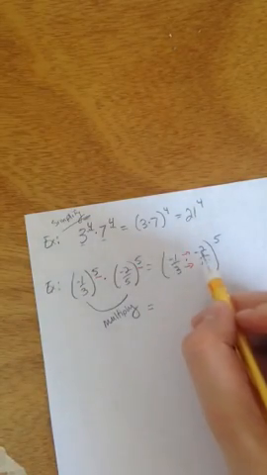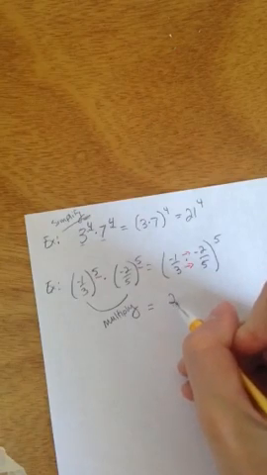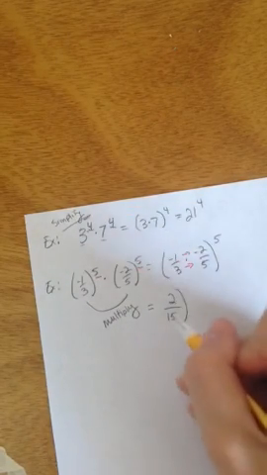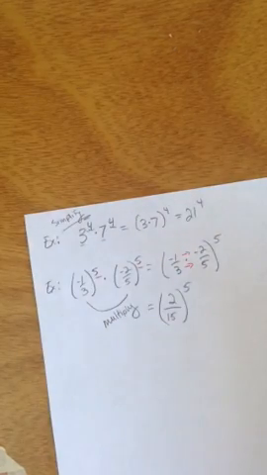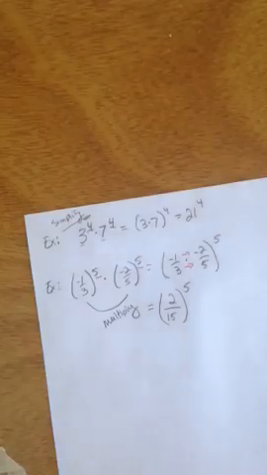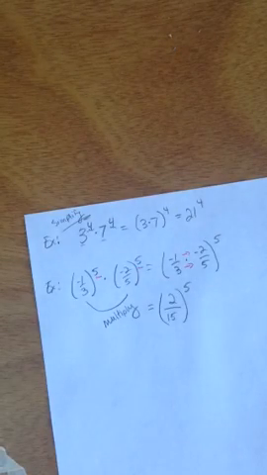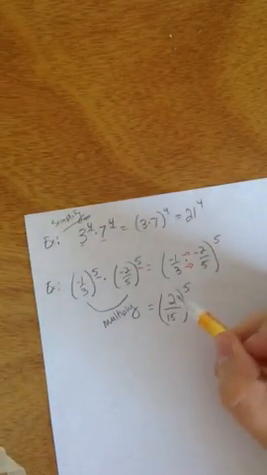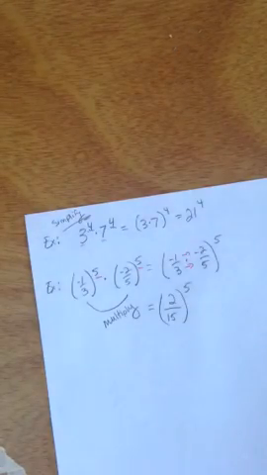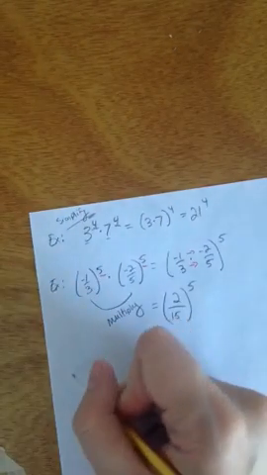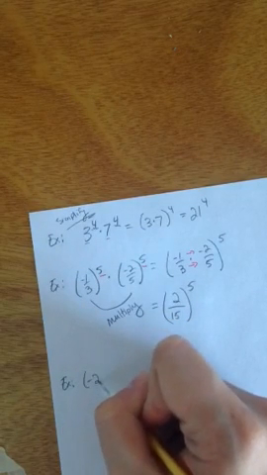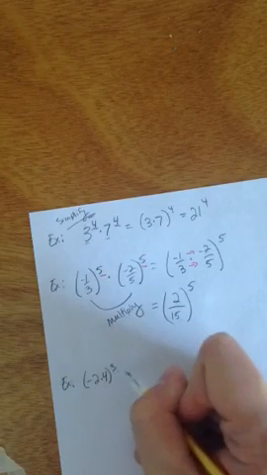So I have negative 1 times negative 2, which gives me a positive 2. 3 times 5 gives me 15. And I keep that to the 5th power. We're going to leave it in exponential notation right now. But eventually, you'll learn in your later math classes how to get this as a regular number, not just in exponential notation.